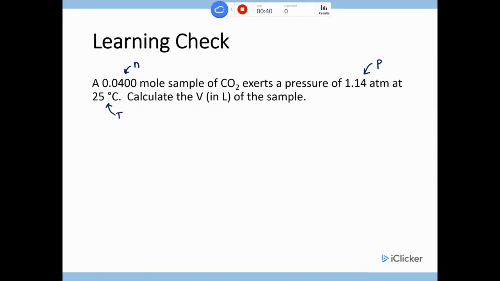So we have pressure, amount, and temperature, looking for volume. We'll use PV equals nRT. And so you are solving for volume. When you submit your answer, use 3 sig figs. So I'll give you all a few minutes.